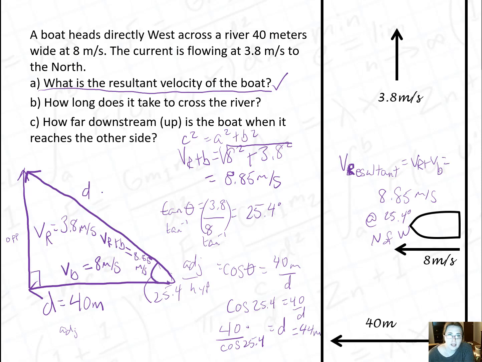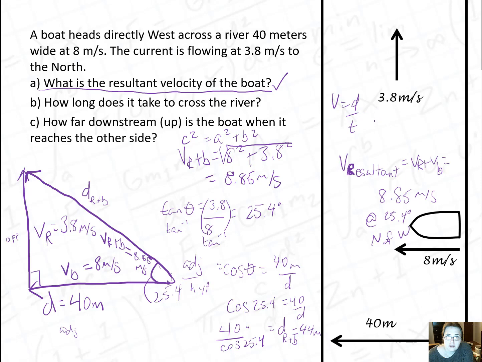Now, if you notice, we have distance here, and we have the distance of the river plus the boat. So this is really the distance of the river plus boat, just to be consistent. So now, if you remember our equations, what is velocity? It's distance divided by time. There's no acceleration here, so we're just working with distance and time. So we can solve for time because we have distance and we have velocity.